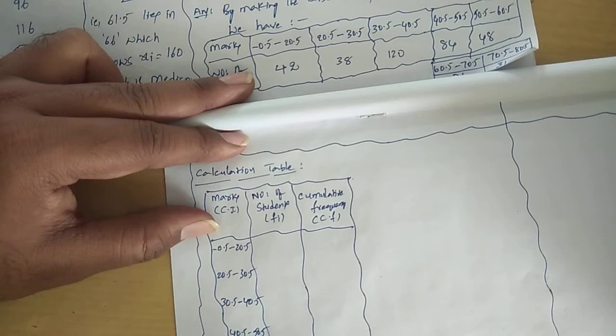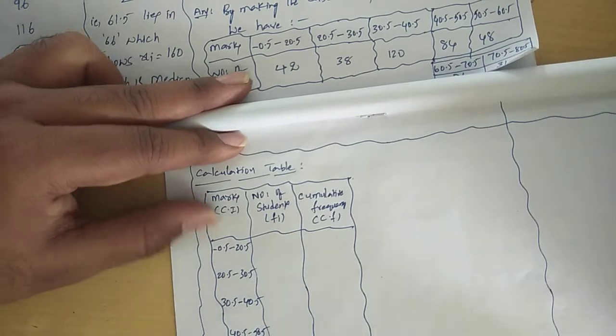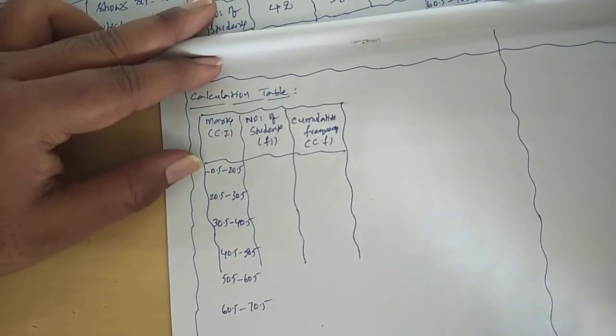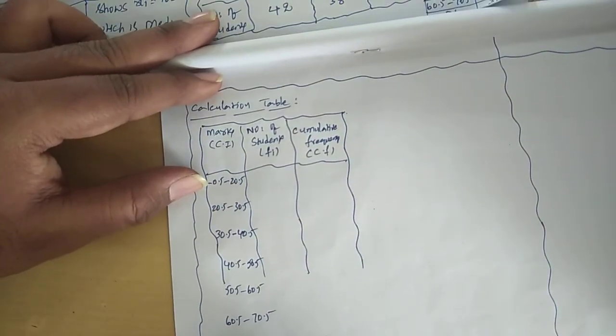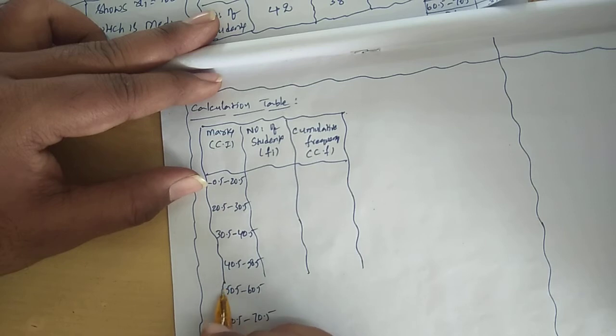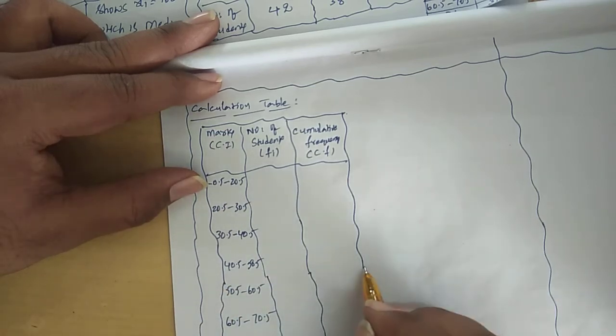Next, 60.5 to 70.5. Next, 70.5 to 80.5. So this is the data given to you.